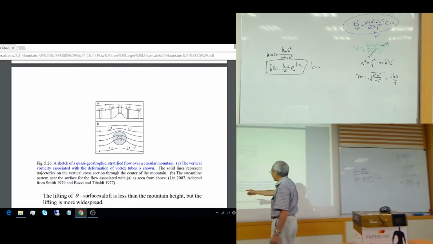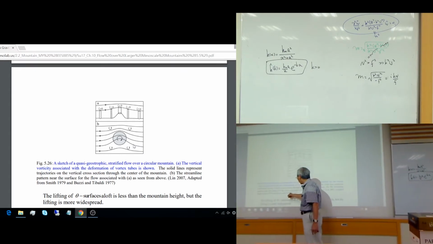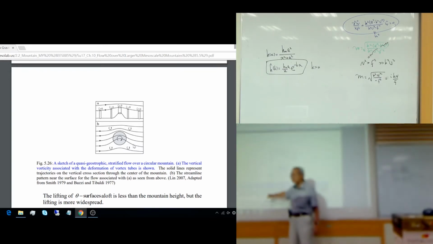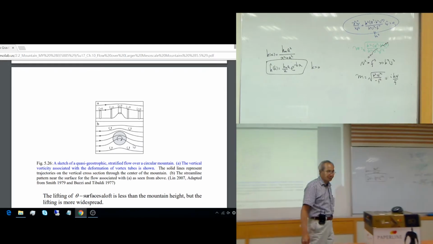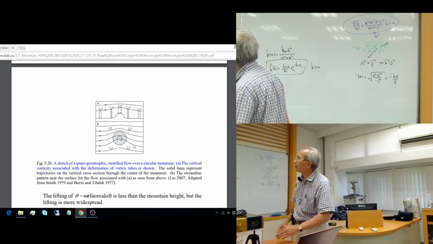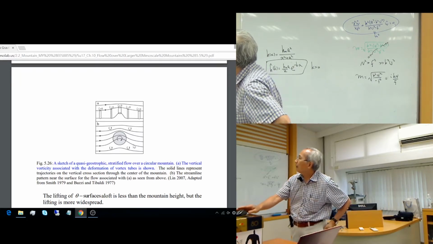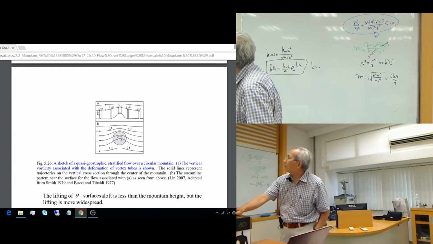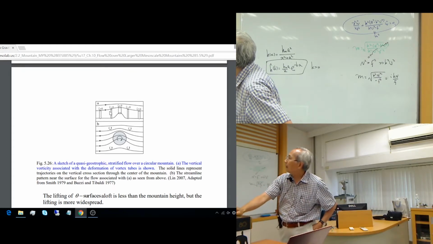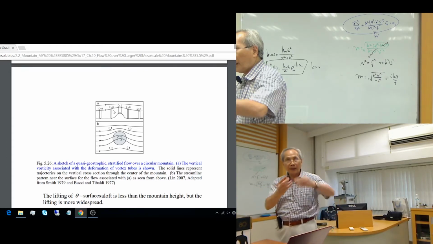Also by Buzzi and Tibaldi in 1977. These two are Italian scientists. So what happened here is, you have flow coming from the west, and then you have a slight increase of the air column.